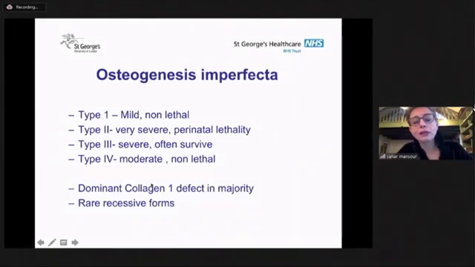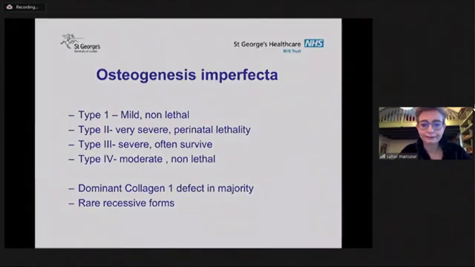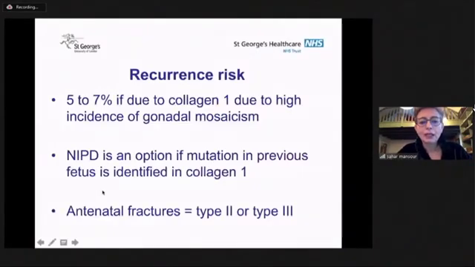Collagen 1 mutations in the COL1A1 or A2 gene are the cause in the majority, but there are some recessive forms. The genetic testing is enormously helpful to look at recurrence risk. So if you have a baby with a collagen 1 mutation causing osteogenesis imperfecta, but the parents are not affected, the recurrence risk in this group is really high.